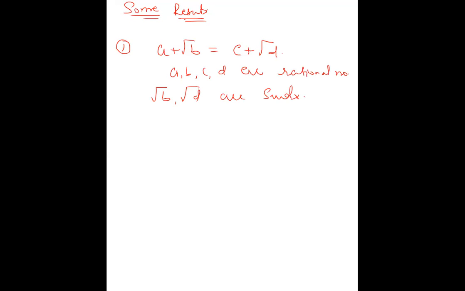So if this is the condition, then 100% we can say A is equal to C and B is equal to D. A is equal to C and B is equal to D.